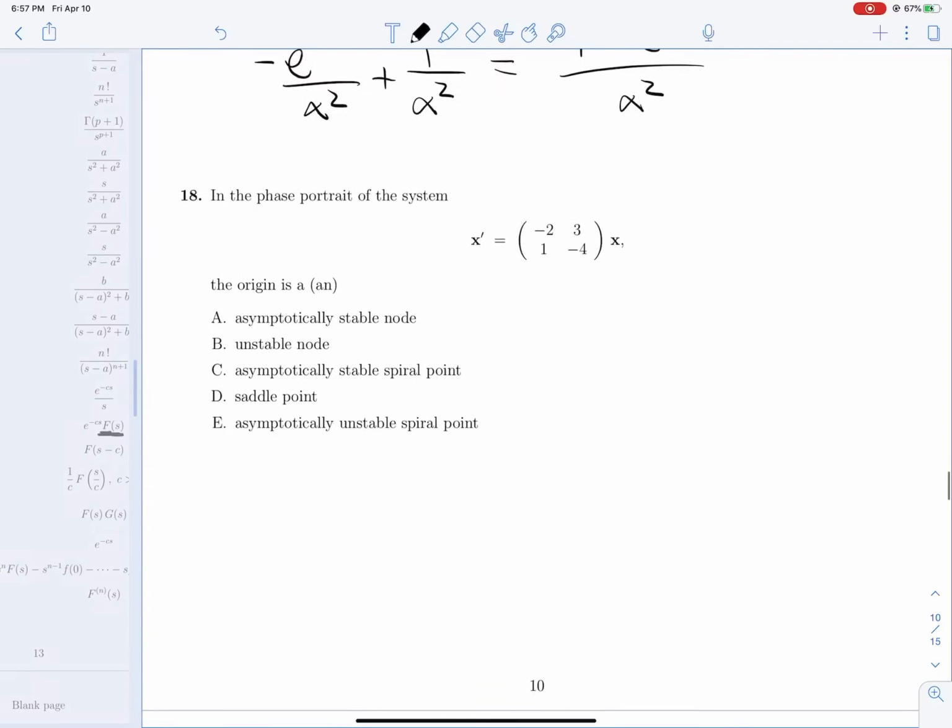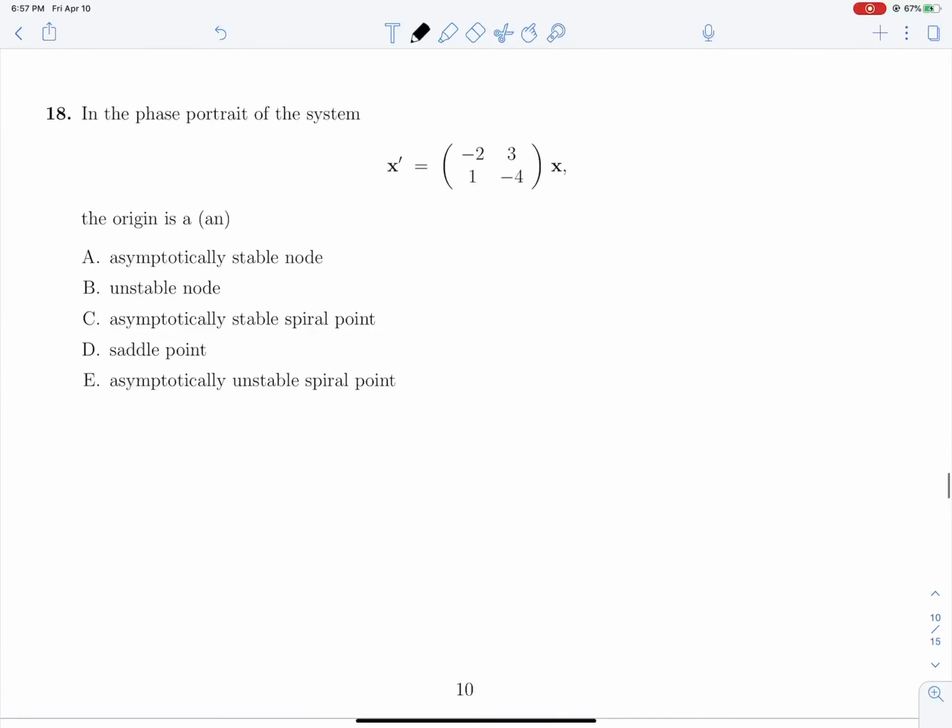Okay, we can get rid of our Laplace transforms, I'm pretty sure, forever for the rest of this exam, and we are trying to identify the phase portrait of this system. So this is all to do with the signs or the kind of data types, whether complex or real or purely imaginary, of the eigenvalues of this matrix A here.